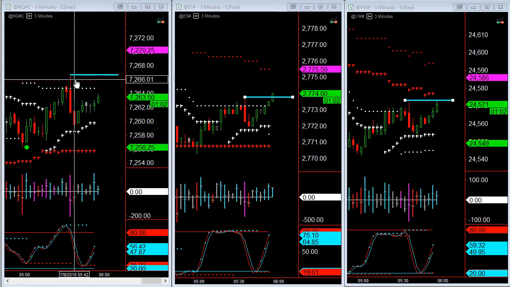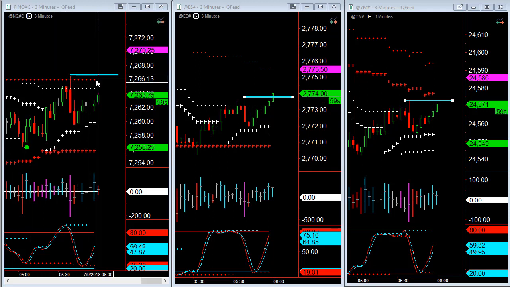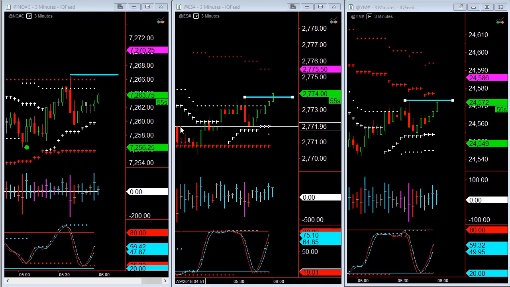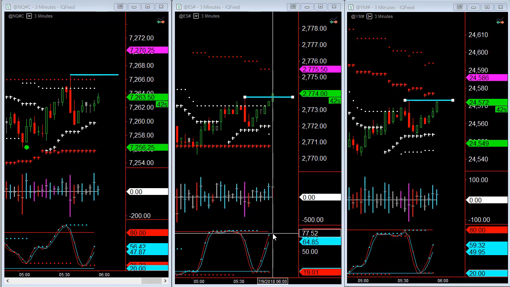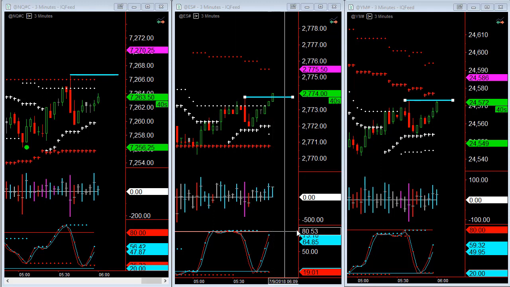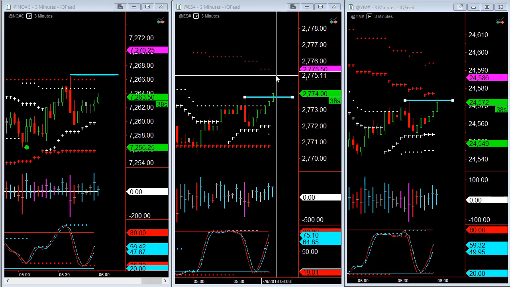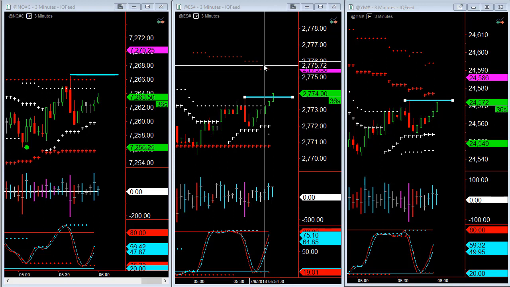Now on the NASDAQ, it should actually break through that area, indicating an upward movement. Additionally, on the ES, you can see that you're approaching the area of being overbought, which is just another reason to actually take profits at 2775.5.